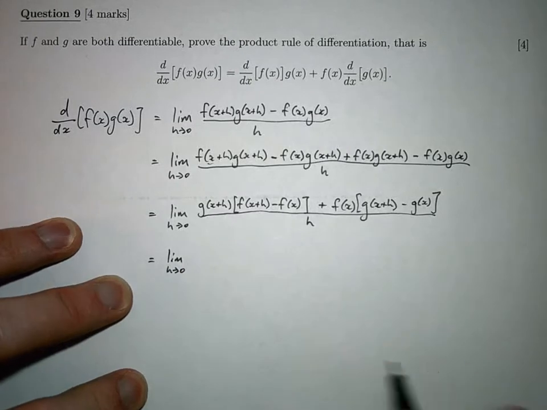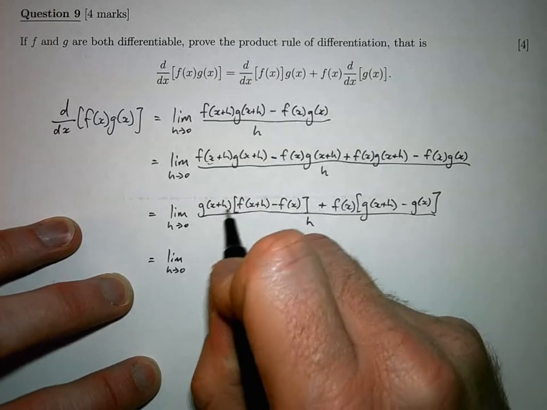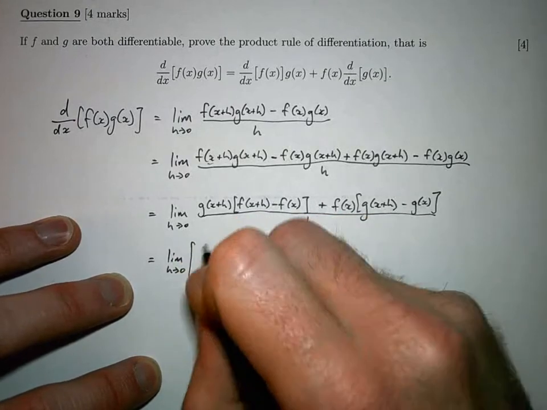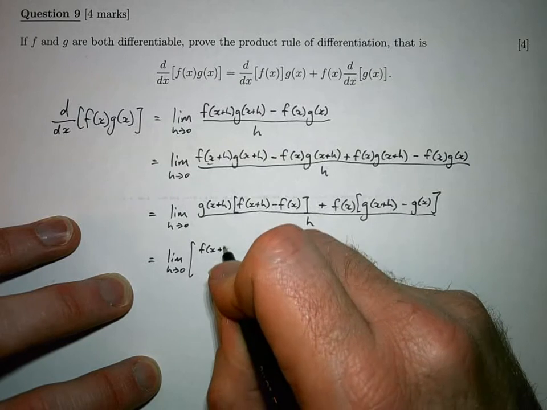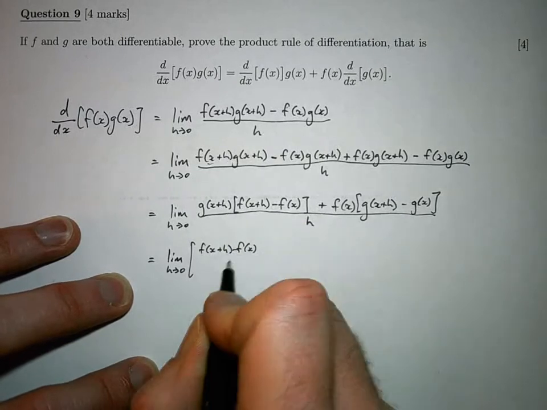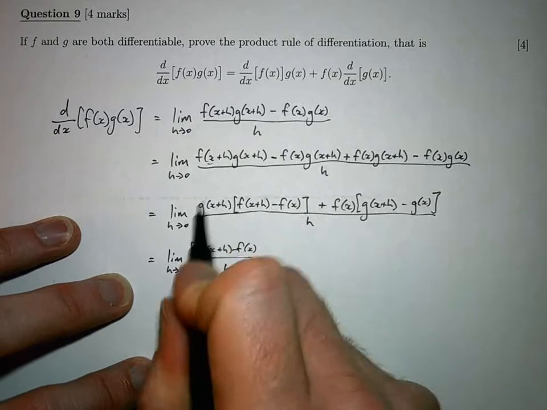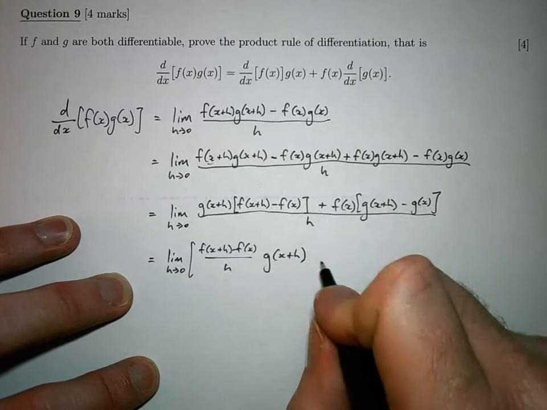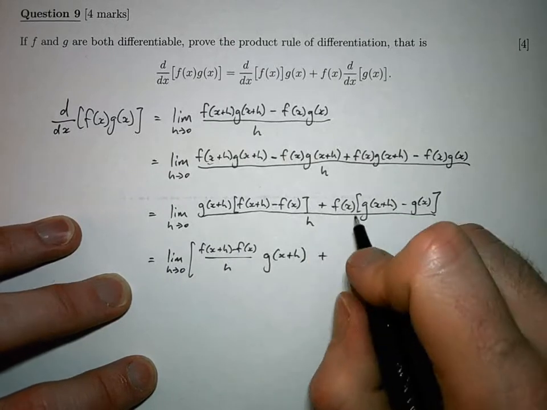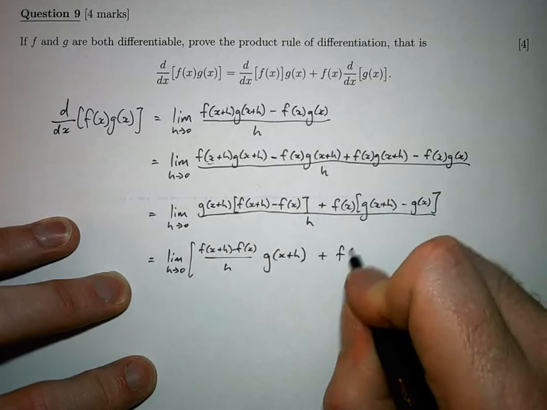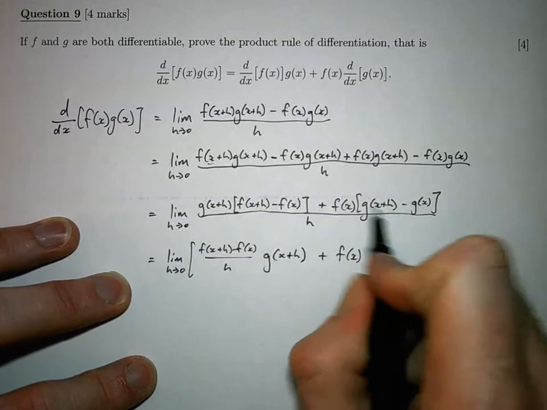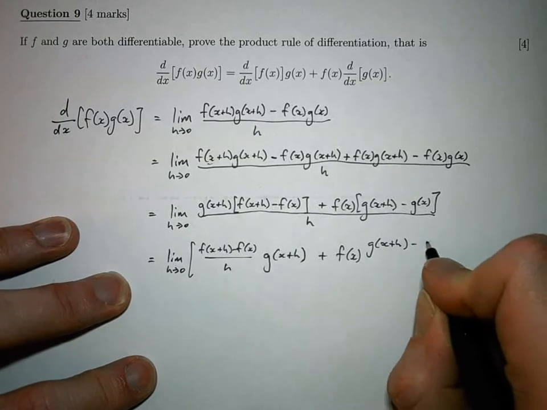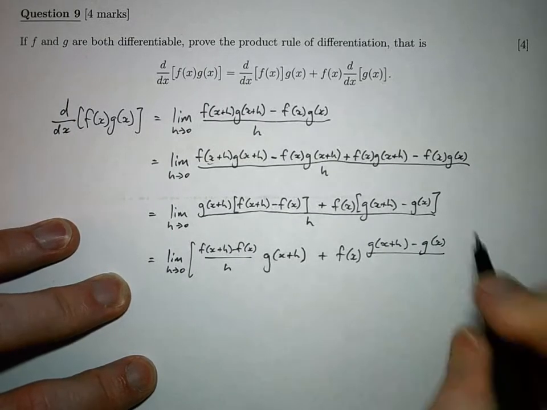We've got the limit as h approaches 0 of, I'm going to write this bit first over h, so this is f of x plus h minus f of x over h, and that term there is multiplied by g of x plus h, and then to that we're adding f of x times g of x plus h minus g of x all over h.